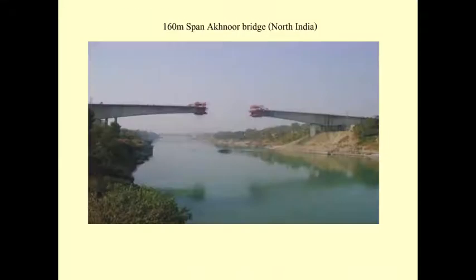Another example is India. This is a clearer picture. You may see they built two parts of the bridge and join them together. But you must be very aware of the precision of the construction.